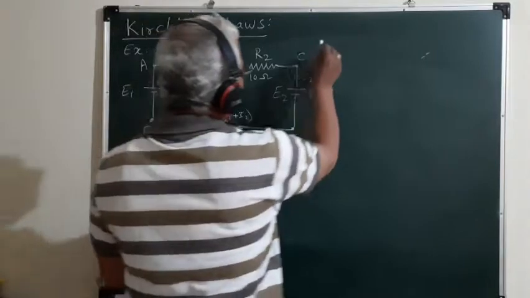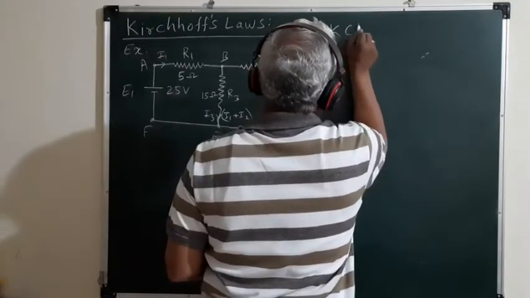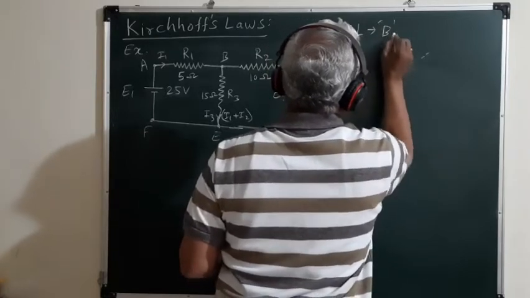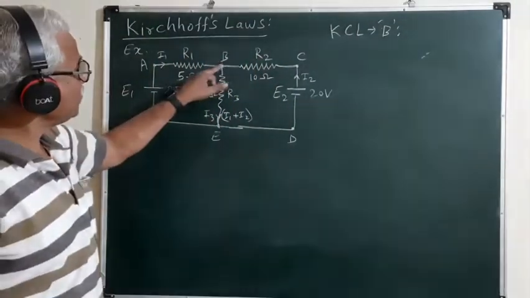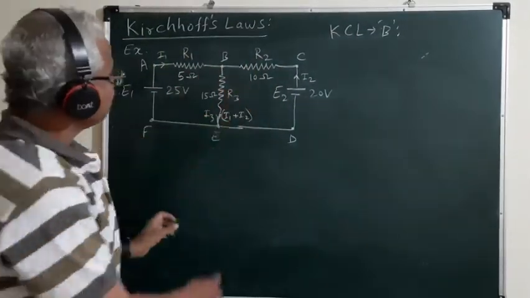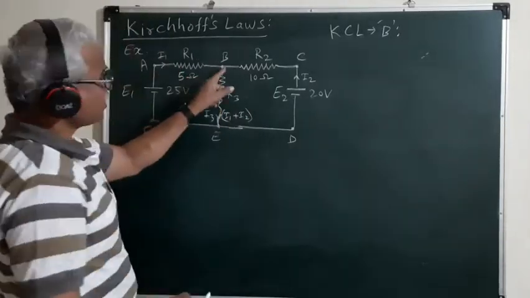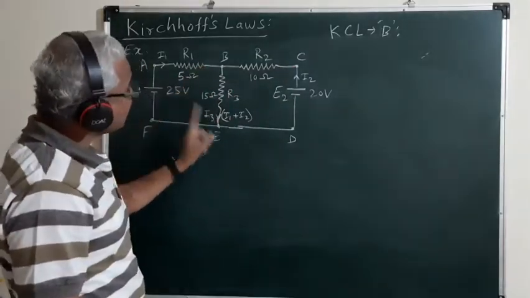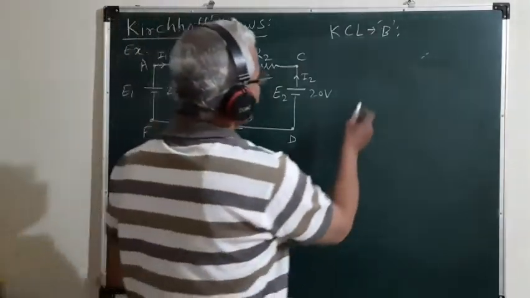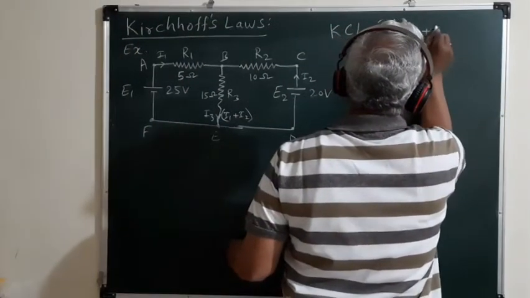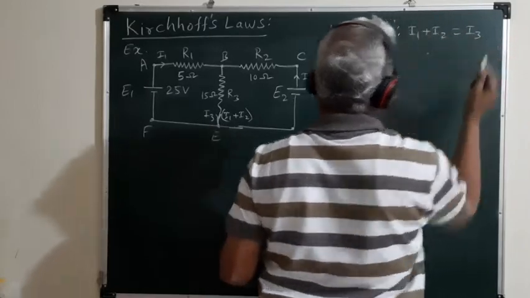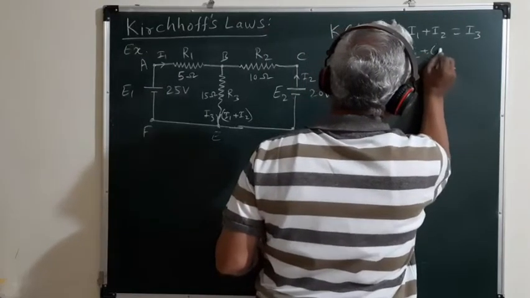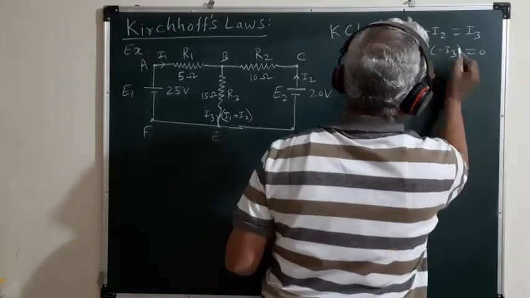First we apply Kirchhoff's current law to the junction B. Here we observe that the current I1 is approaching the junction B, the current I2 is approaching the junction B, and the current I3 is leaving the junction B. So we can write I1 plus I2 is equal to I3, or I1 plus I2 minus I3 is equal to 0.